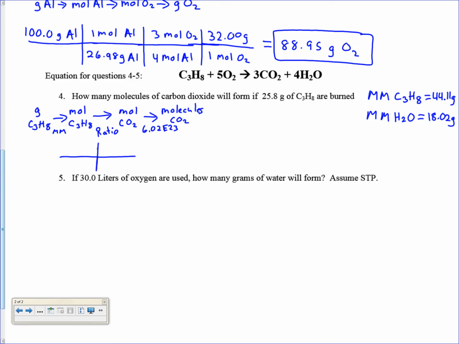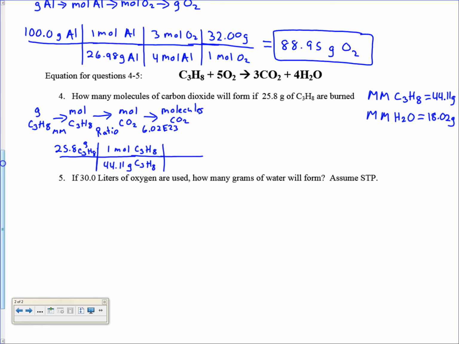Starting out with 25.8 grams of C3H8. And then there are 44.11 grams of C3H8 in 1 mole of C3H8.